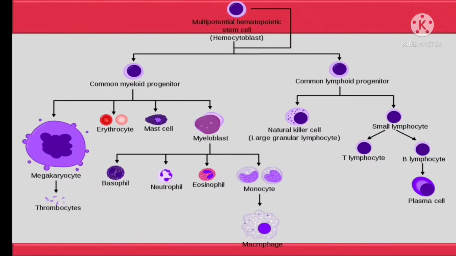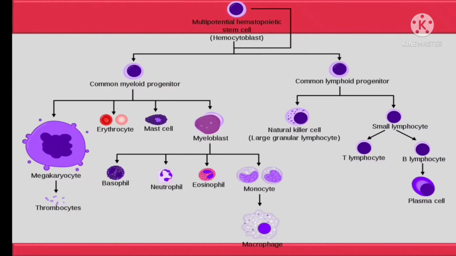The common myeloid progenitor cells further divide into the megakaryocyte, which is converted into thrombocytes. Thrombocyte is another name for platelets. From the common myeloid progenitor cells, erythrocytes, that means RBCs, are formed. Mast cells, as you know, release histamine that has a major role in allergic reactions.